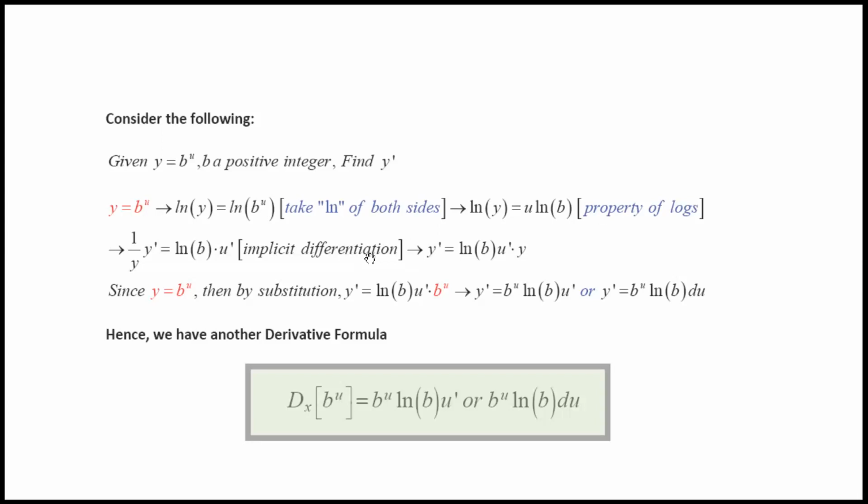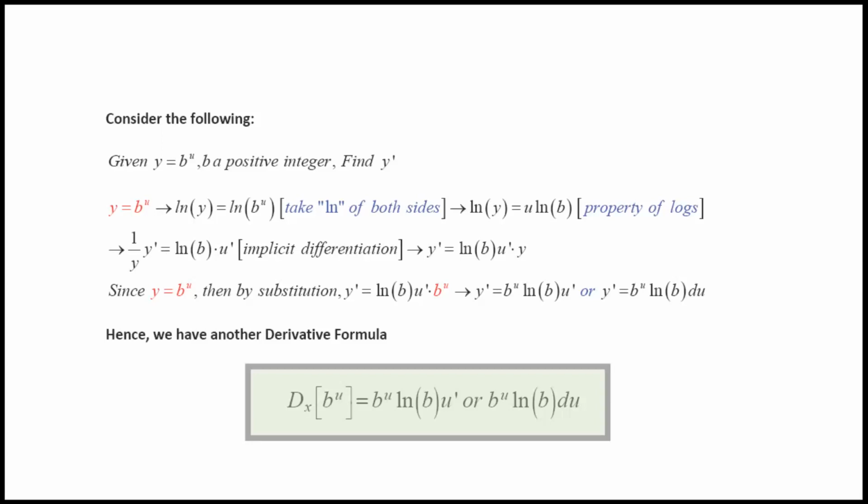I'm going to take the derivative implicitly. The derivative of ln of y is the derivative of y, which is 1, over itself, y, put a y prime with it. And the derivative of this thing, well, remember, ln of b is a number. So all I'm really doing is taking the derivative of u. So that's u prime, or du if you wish.